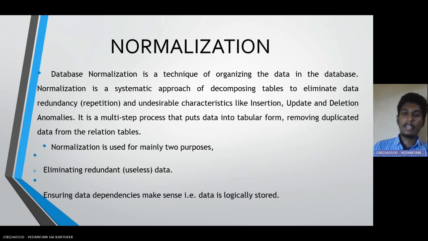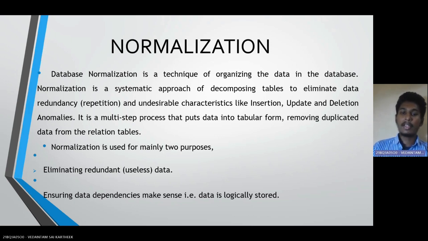So our aim is to delete the data repetitions and undesirable characteristics like insertion, update, and deletion anomalies, which means inserting a new tuple may lead to errors in the database, or updating a value may not update other values, which leads to inconsistency in the data. And deletion anomalies are also in the database, which lead to inconsistency.